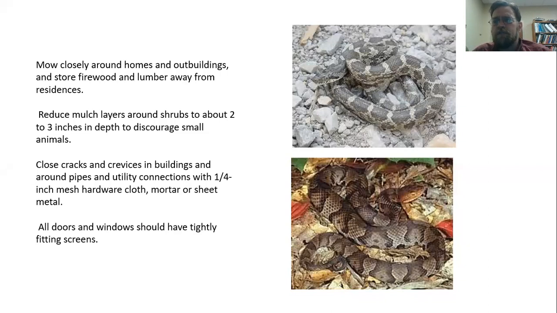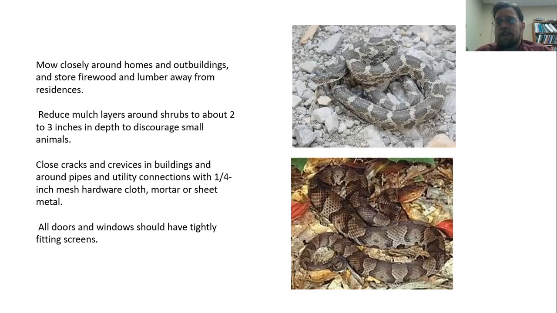That really isn't so much about discouraging snakes as much as it is about discouraging the small animals that they would feed on. If you have any cracks or crevices in buildings, you can fill those up with hardware cloth or metal mesh or mortar, and make sure that all your doors and windows have good tight fitting screens.